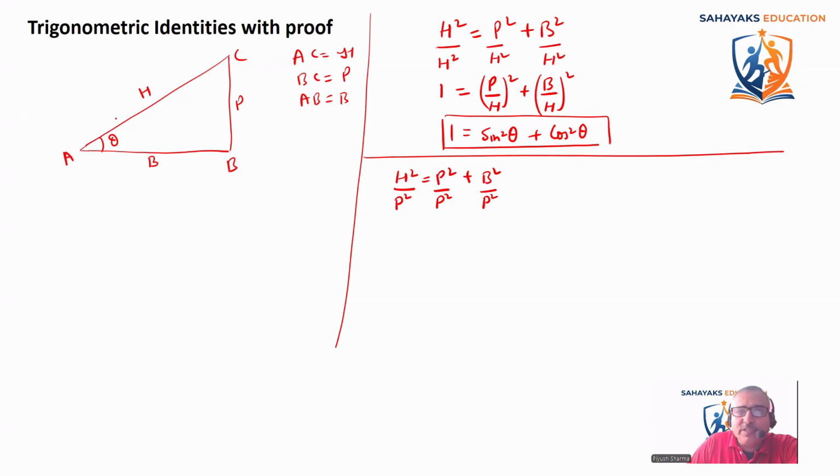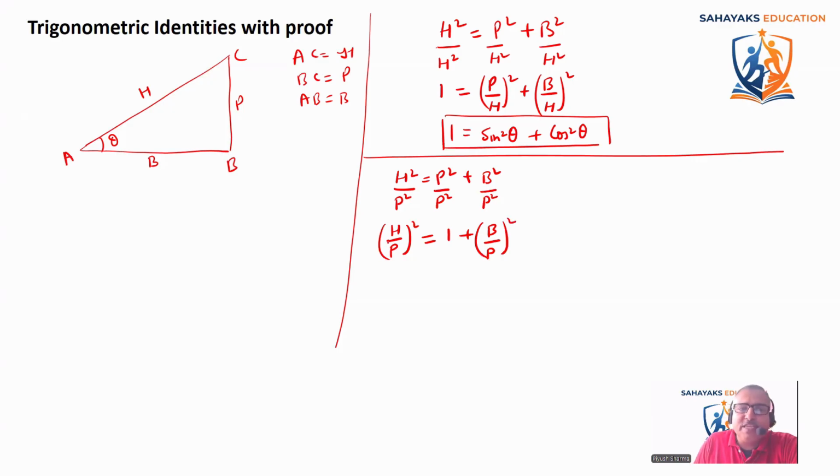What is hypotenuse divided by perpendicular? I write it as h by p whole square is equal to 1 plus b by p whole square.